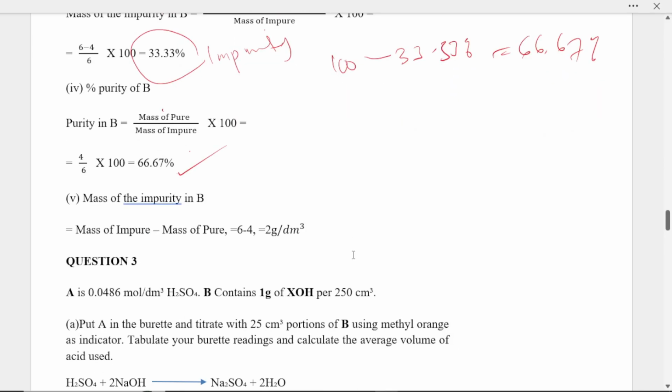Another question says what is the mass of impurity? Mass of impurity will be mass of impure minus pure. So we have 6 minus 4, which gives us 2. 2 is our mass of impurity. I see the questions are very cheap. Chemistry is the simplest subject that I've ever met.